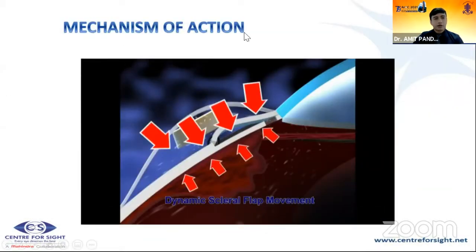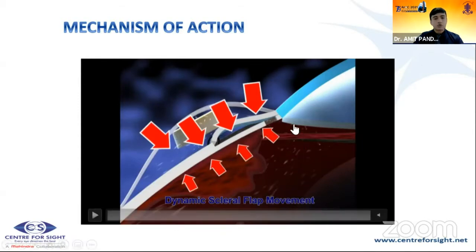Coming on to the mechanism of action, how it works. In the early post-operative period, something called dynamic scleral flap movement happens. The scleral flap has to be sutured loosely for it to allow movement. When the intraocular pressure starts increasing, more of the aqueous starts coming into the bleb area.